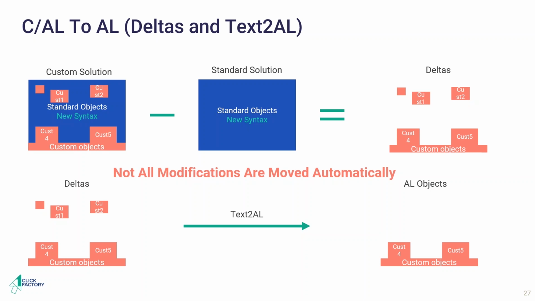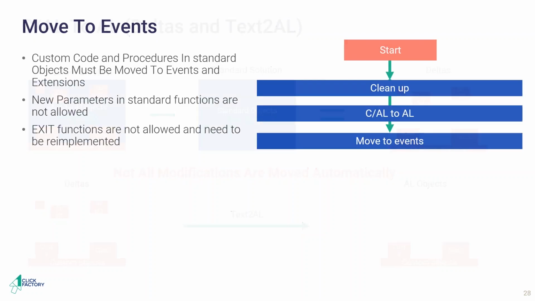For example, if I have any conflicts in those deltas when I compare custom and standard solutions, these deltas are not going to be moved to AL automatically. That means I will have to move these differences hand by hand, code by code, into the new extension solution. And we do this in a step called move to events.